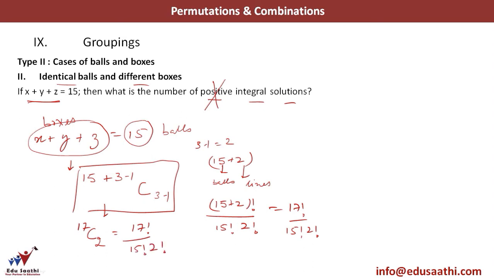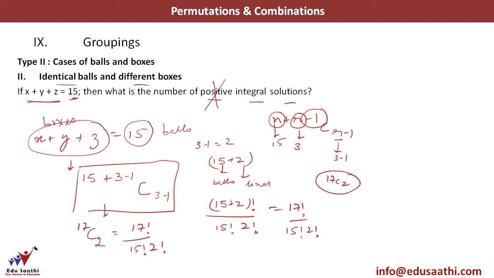In a lot of books you will find, for the number of integral solutions, the formula is given as n plus r minus 1 C r minus 1. Here what is n? n is 15. What is r? The number of variables x, y and z. So this is 3. Minus 1 is minus 1, and here I have 3 minus 1. So this gives me 17C2.